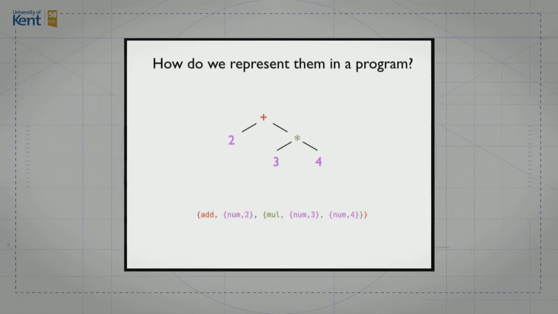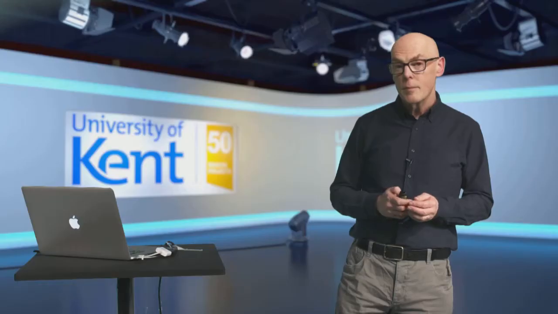It says, I'm a multiplication. You can see the atom mul there, and then two other fields saying there's a number 3 and a number 4. And you can see the color coding here. At the top level, you've got this red tuple. Inside, you've got the green tuple. And at the leaves, you've got these purple numbers. So that's the way that we represent that particular expression inside Erlang.